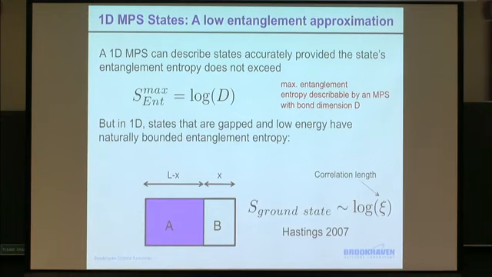As, again, most of you know, a 1D matrix product state with bond dimension big D can describe a state that has log D of entanglement.